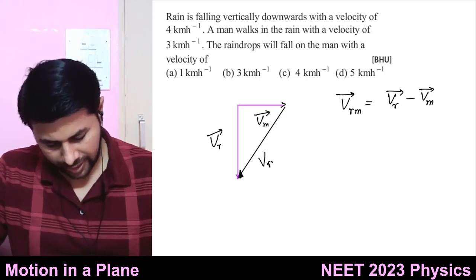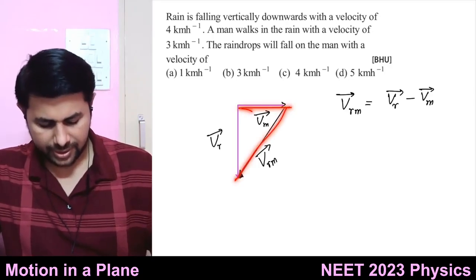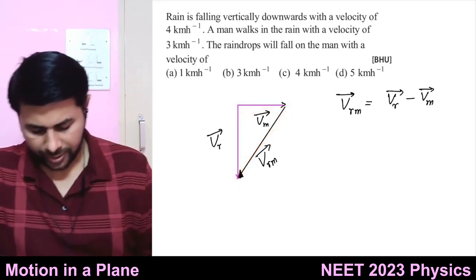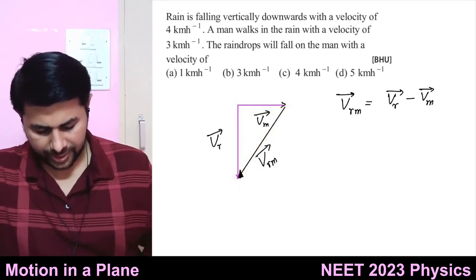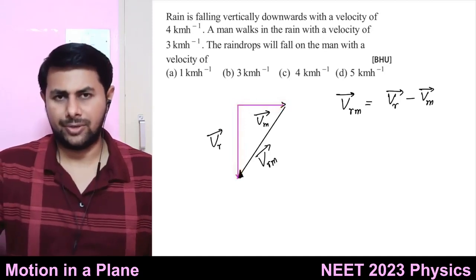This will be vrm. Velocity of man plus this is equal to velocity of rain. Therefore vrm is equal to velocity of rain minus velocity of man. Can you say that?